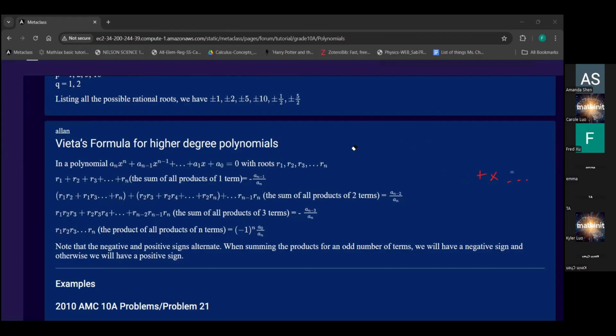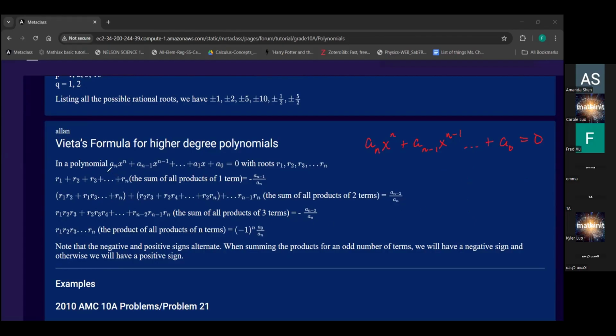So basically, we are given, once again, this is just a form of a polynomial. And this time, please note that it is just rewriting this a of n minus 1 times x to the n minus 1, dot dot dot all the way until plus a of 0. This has to equal 0.